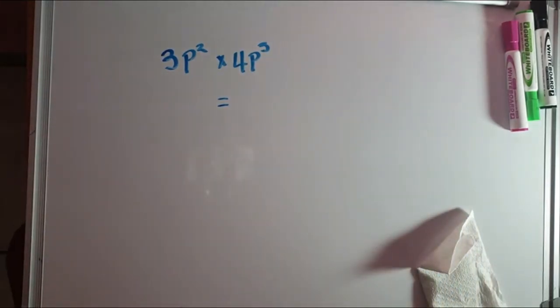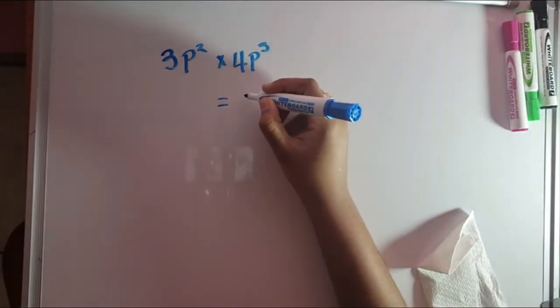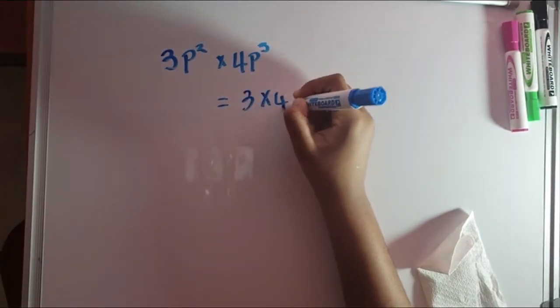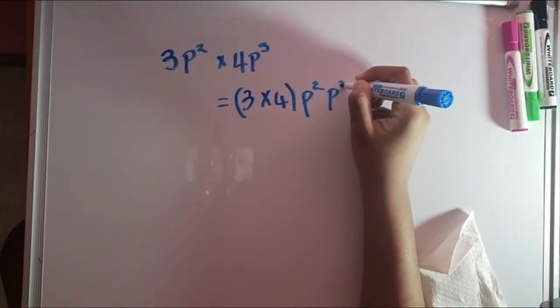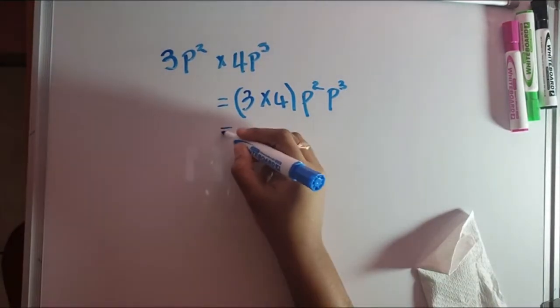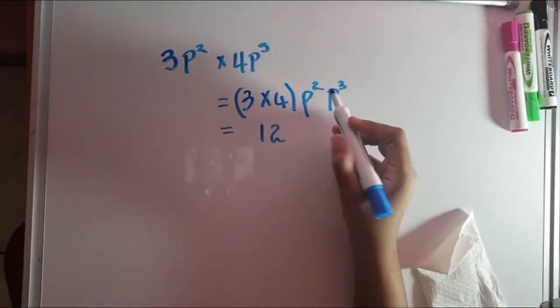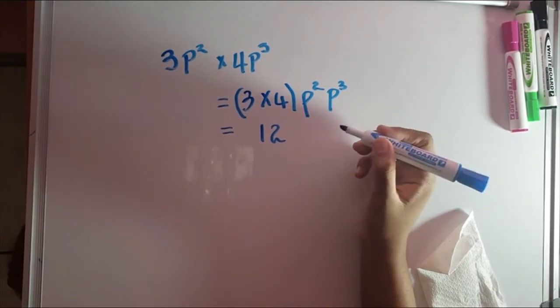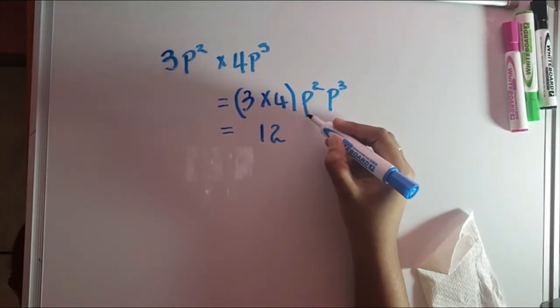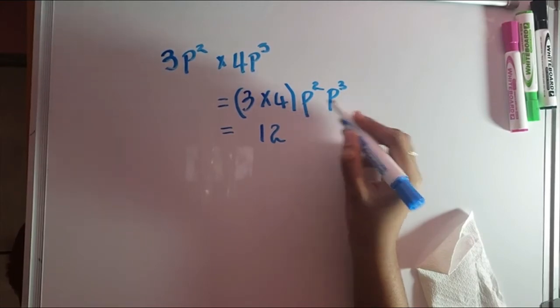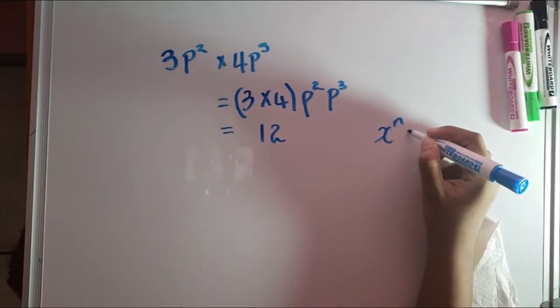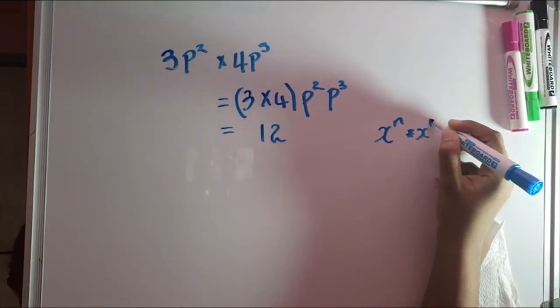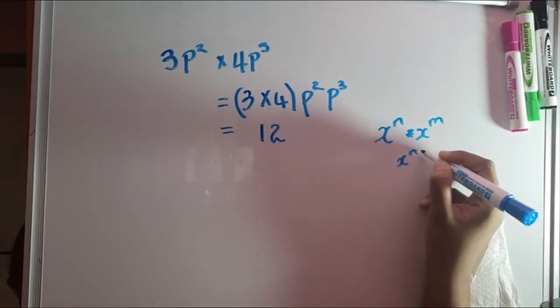Okay, so for this question, the first thing that we have to do is take out the constants. So we have 3 times 4 in bracket, then we have p squared p cubed, right? We know that 3 times 4 is equal to 12. And if we remember the laws of indices, when the bases are the same, so if you had x to the n times x to the m, then you would have x to the n plus m.